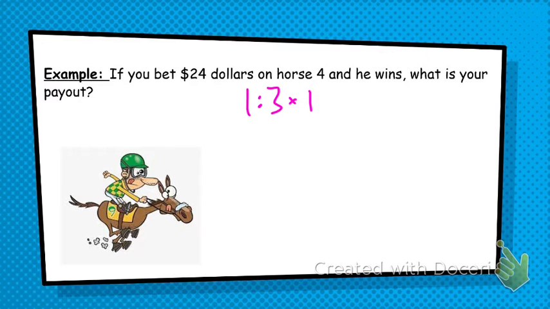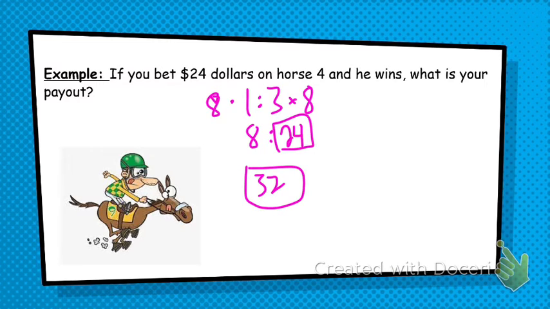It's 8 times. My bad. So I do times 8 to both, and that's going to give me how much I paid and how much I won. So I profited $8, but I only took home $32 because most of what I spent was money that I spent. So this actually is not a very good horse to be betting on with 1-to-3 odds.